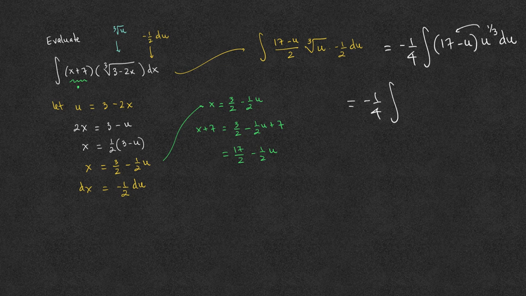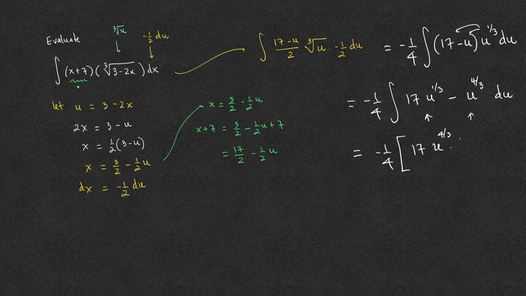Distribute u to the 1/3. We have 17 times u to the 1/3 minus u times u to the 1/3, which is u to the 1 plus 1/3, which is 4/3. We can use the power rule for each of these terms. Negative 1/4 times 17 times the antiderivative of u to the 1/3, which is u to the 4/3.